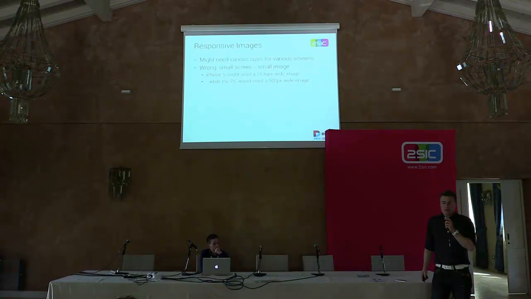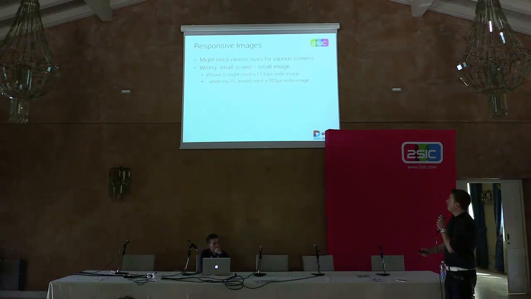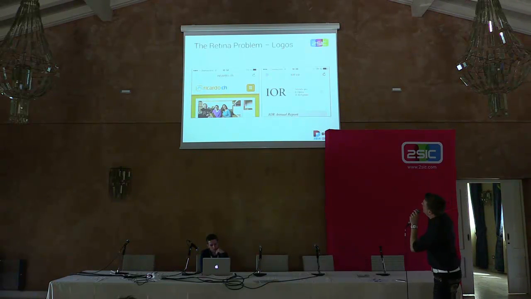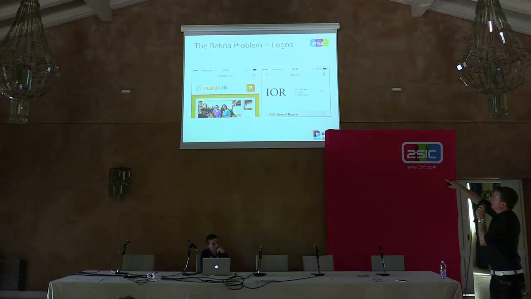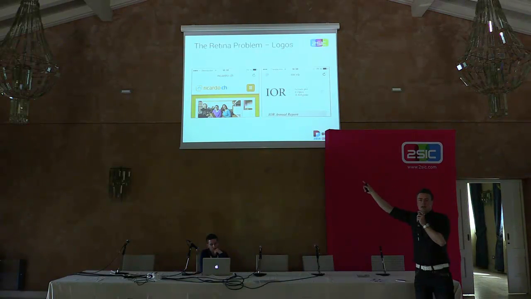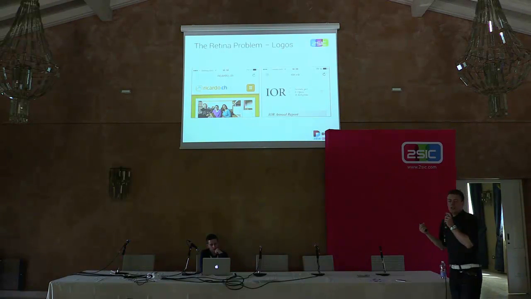That presents us with some rather challenging problems, because it's not the correct answer to just give the mobile device a tiny picture. That's the wrong answer. Here's an example, and I'm glad we got the screen resolution right again. On the left side we have an example which is not Retina optimized, and you'll see that the word magazine or even the logo looks a bit fuzzy.